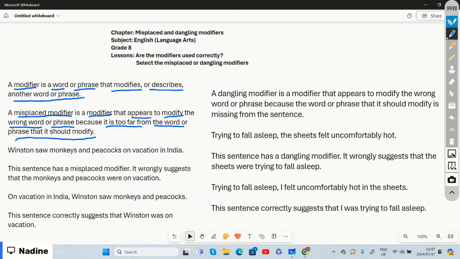All right, and if we look at an example, it says, Winston saw monkeys and peacocks on vacation in India.